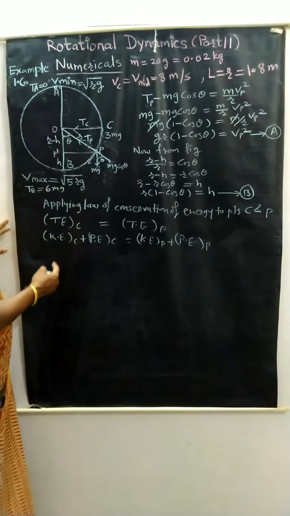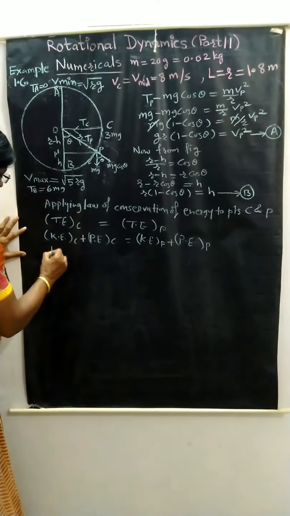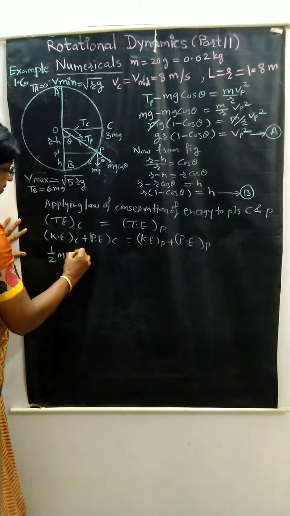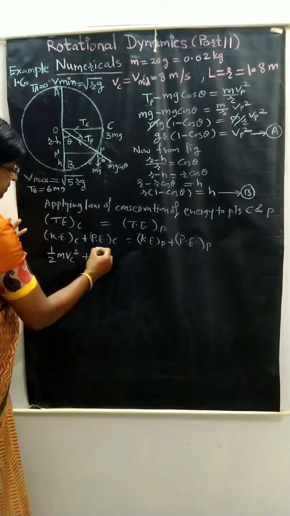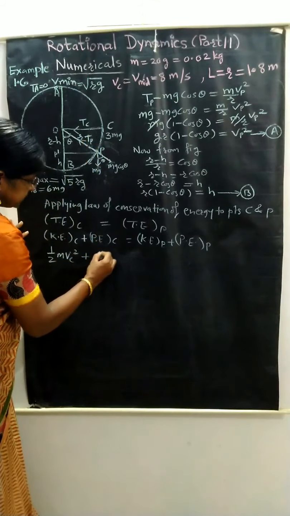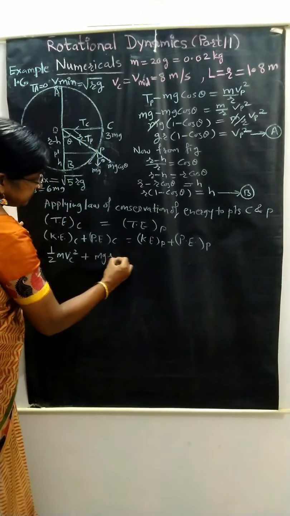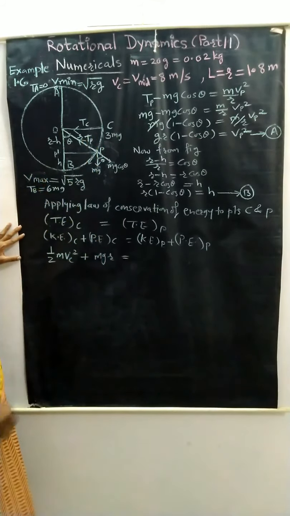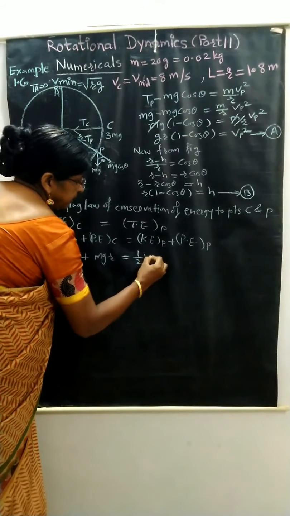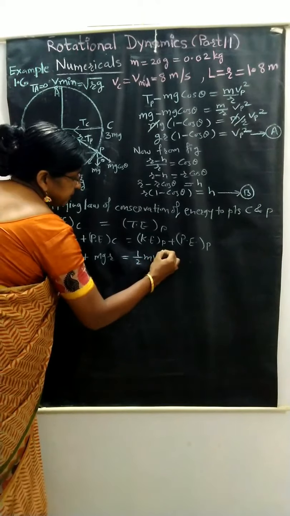Now kinetic energy at point C is half m Vc square plus mg r for point C. The potential energy is mgr is equal to kinetic energy at point P is half m Vp square.